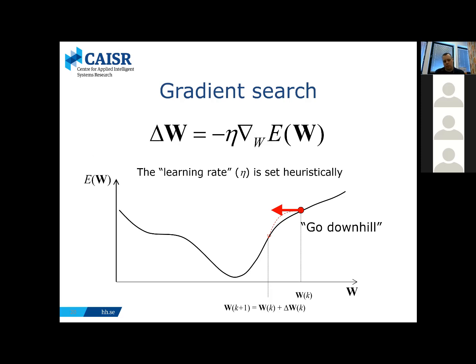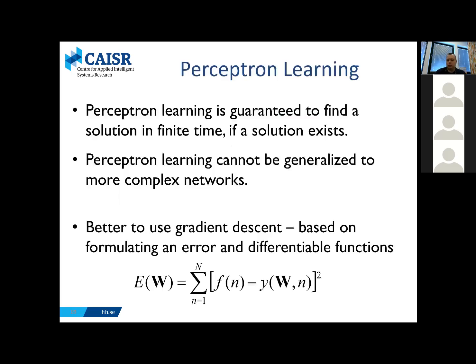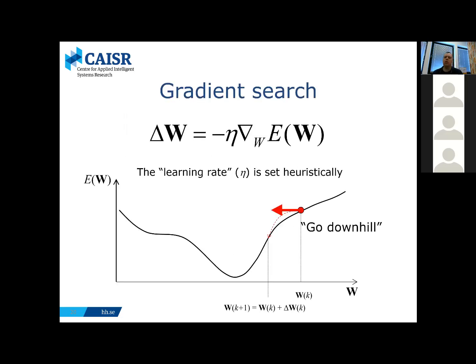I don't think I need to introduce the basic idea of gradient descent, but the basic concept is, of course, to always go downhill. If we have a measure of the error that the network is making, and the simple case is we can measure the error of the network just as the difference between the expected output and the output our network produces.